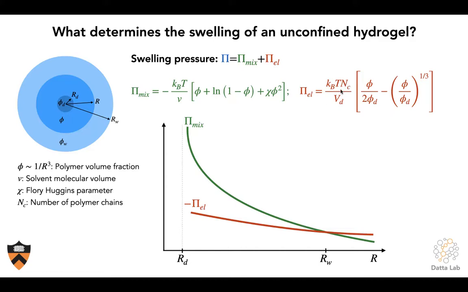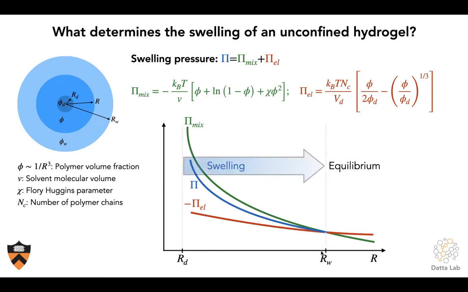All these parameters depend on the properties of the individual polymers, but the punchline here is that the desire to mix goes down as this hydrogel swells, and it's resisted by the elasticity. And when these two pressures balance, that's the equilibrium degree of swelling. That's when the net swelling pressure goes to zero, and that determines what the equilibrium fully hydrated size of the hydrogel is. That's given here by RW, the wet, fully hydrated hydrogel size.